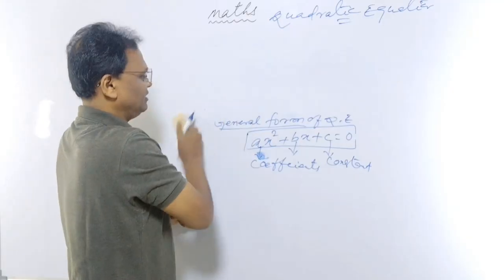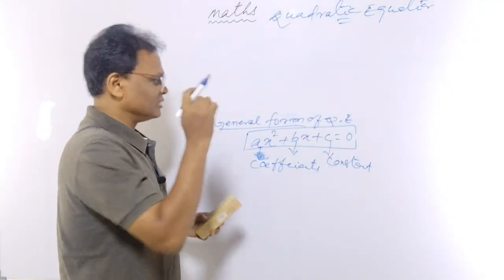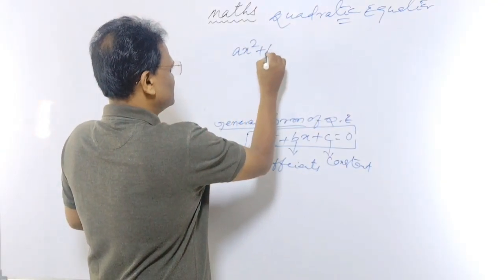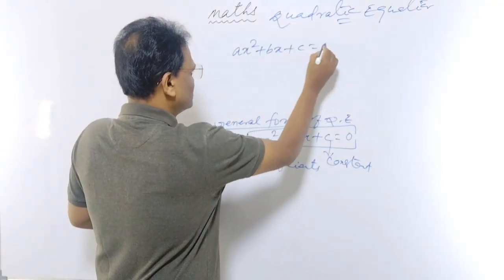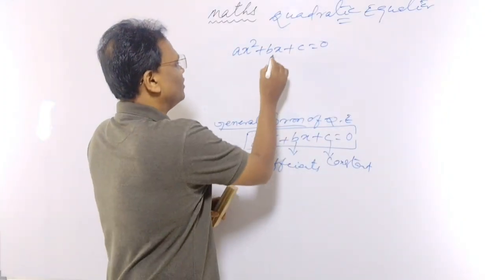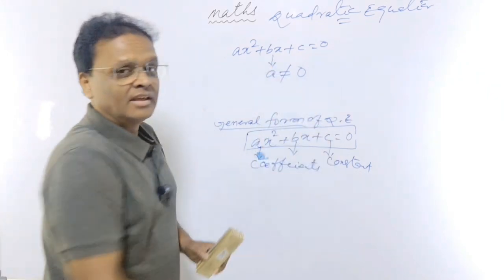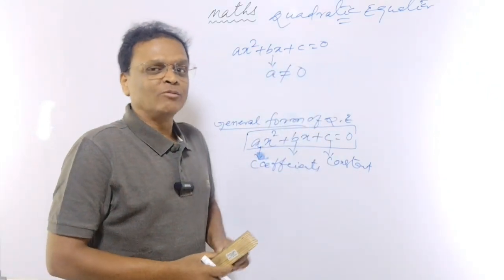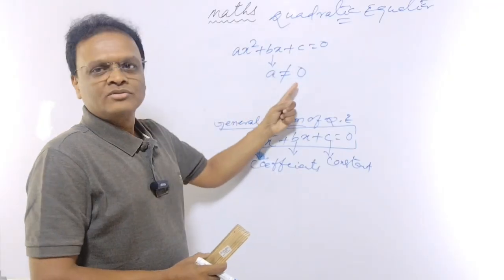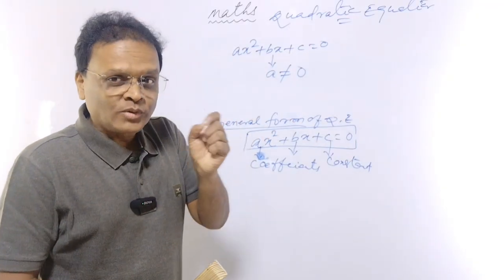The most important condition for the quadratic equation ax square plus bx plus c equals 0 is that a should never be equal to 0. A may be anything except 0. So this must be a non-zero quantity.